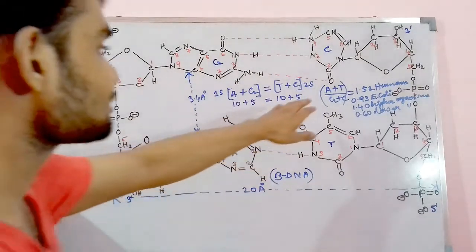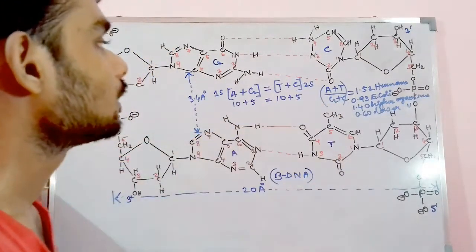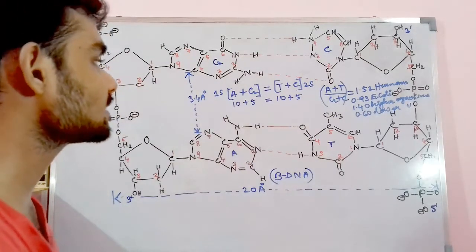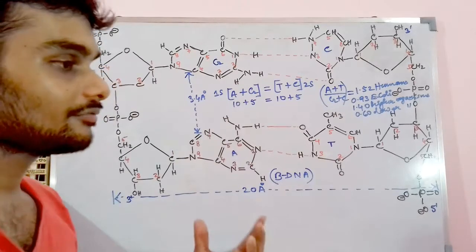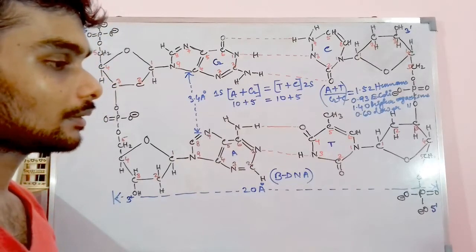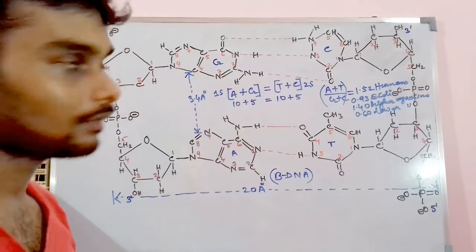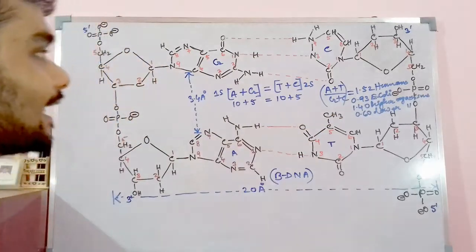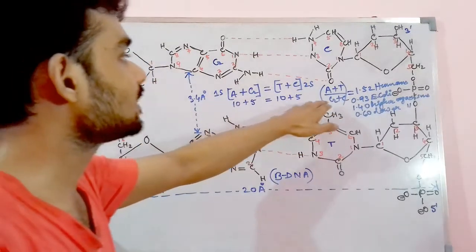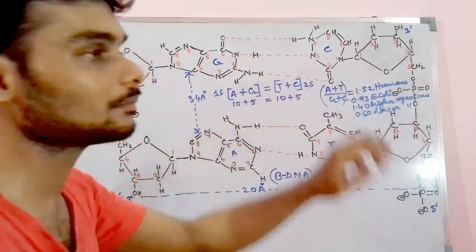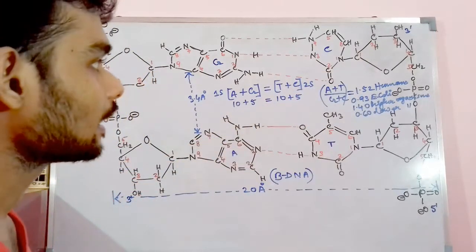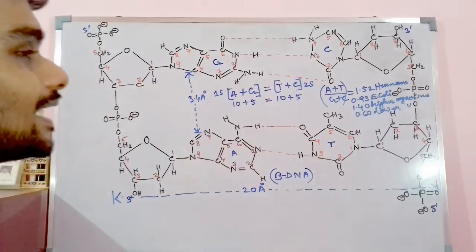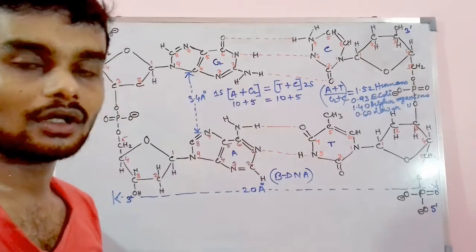Now, in this particular base pairing ratio, why is this different? If the total number of adenine and the total number of guanine are added and divided by the total number of thymine and the total number of cytosine, then the ratio might or might not be 1.